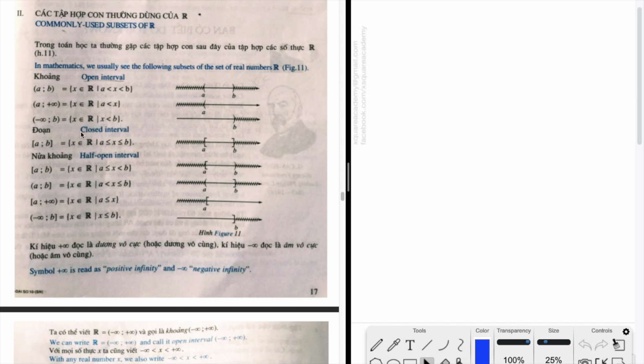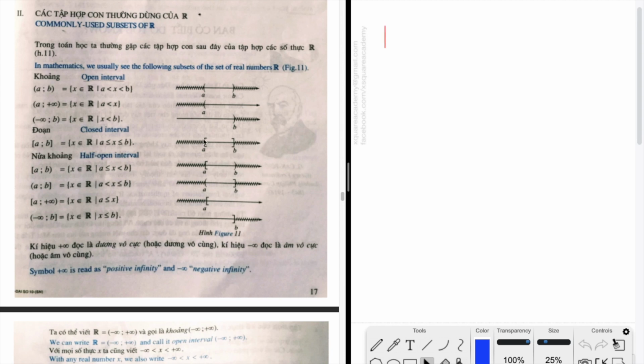The second, the closed interval, we have from a to b. x, an element of real numbers, so that's x greater than or equal to a and less than or equal to b.